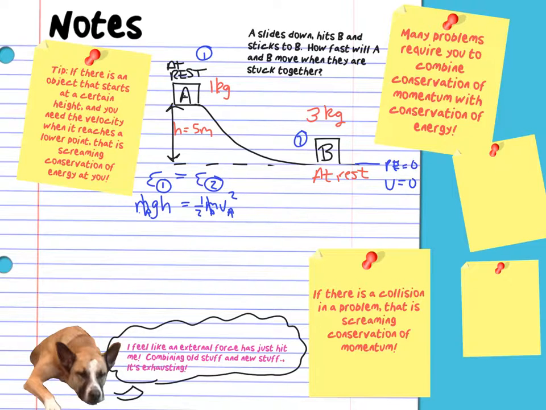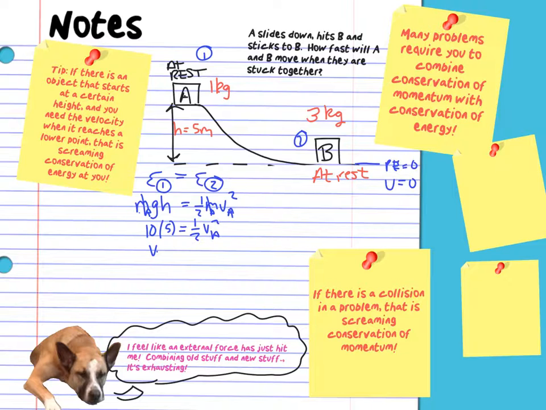I am, just for simplicity, and on the AP test, they always have you use 10 instead of 9.8, so I'm going to do that. The height, as shown in the diagram, is 5 meters. This is going to be 1/2, and we need to know what VA is.